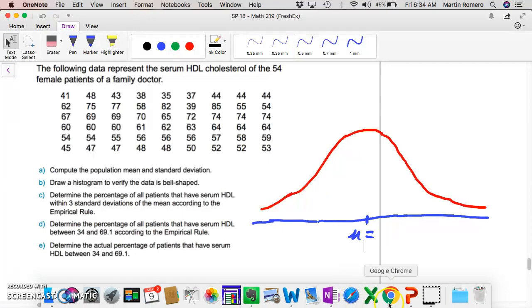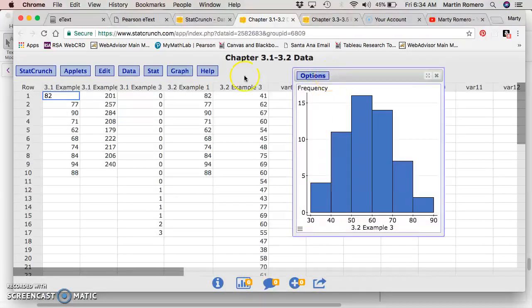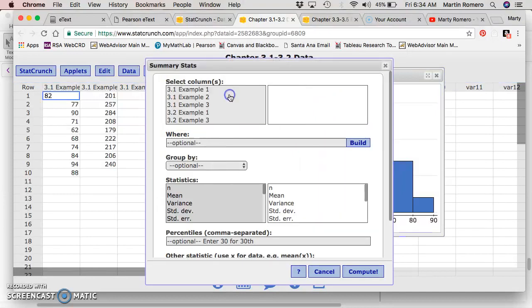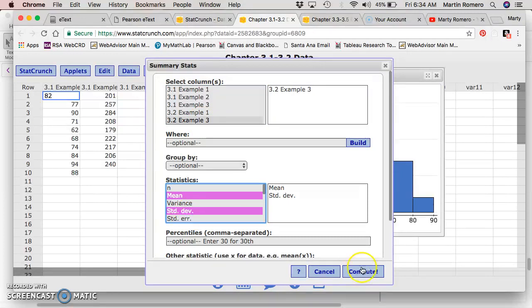What the mean is. And so we need to calculate the mean and standard deviation for this data. You can do that from summary statistics, as an example. I need the mean and the standard deviation.